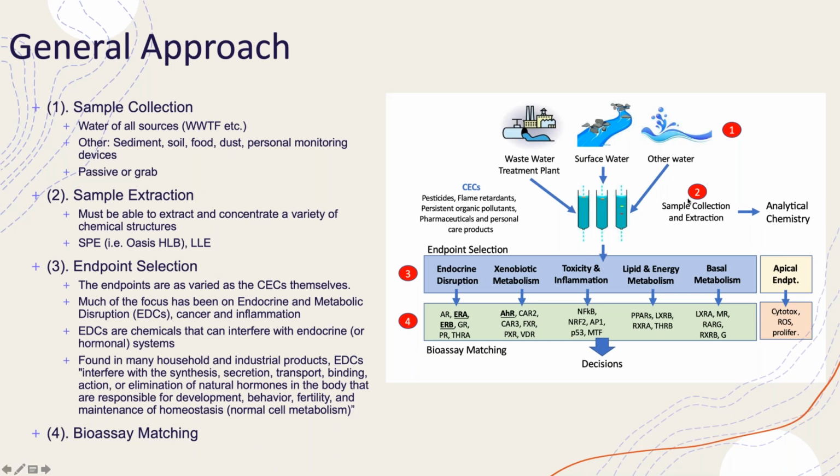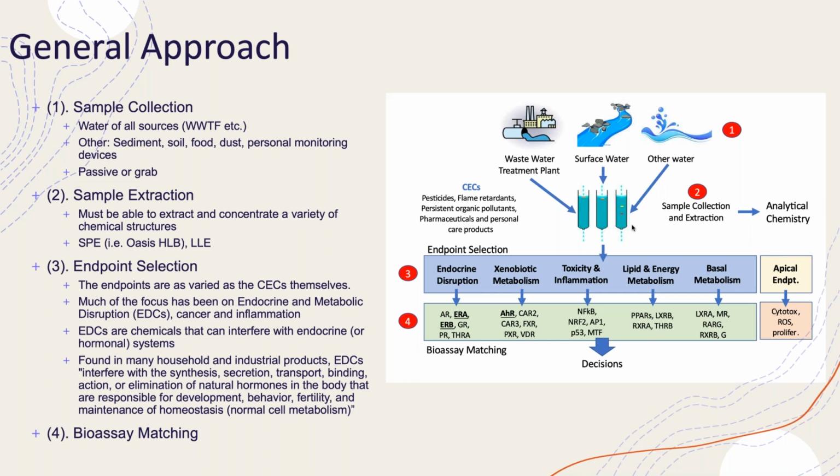The sample extraction is very similar to how you might do sample extraction and concentration if you were to do the traditional analytical chemistry approach. But in this case, the goal is to look at not only the knowns, but the unknowns, all these different contaminants of emerging concern.